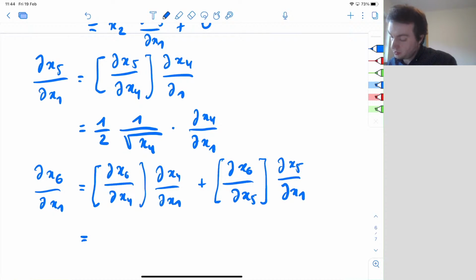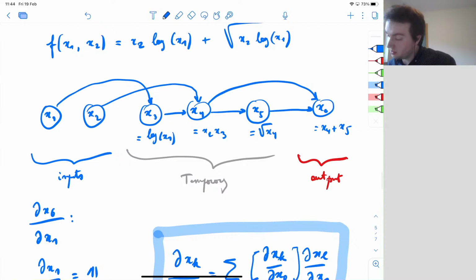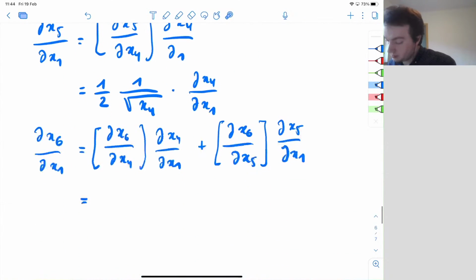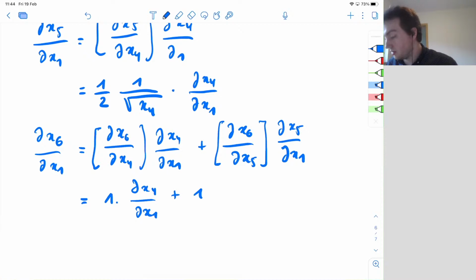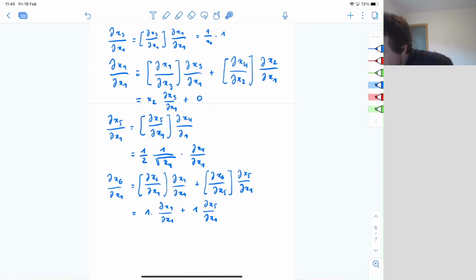And so x6, which is defined simply in this way as the sum of x4 and x5, if you differentiate with respect to x4, that gives you 1. That's 1 times the Jacobian of x4 with respect to x1, plus the same for this guy, right? And these two factors here, we have them. So this one is given here, and this one is given there.